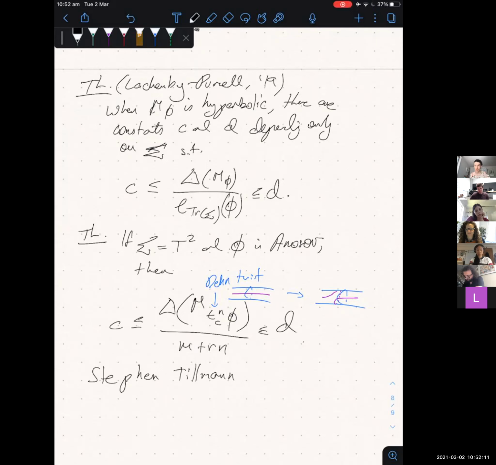I think we are doing mapping tori on punctured surfaces. They're not something that I personally have thought about very much, but I think they're also a really interesting area.